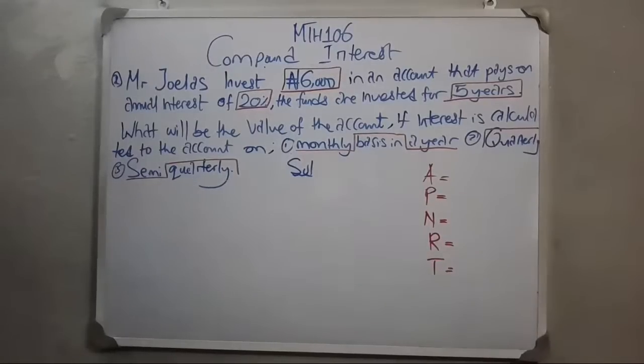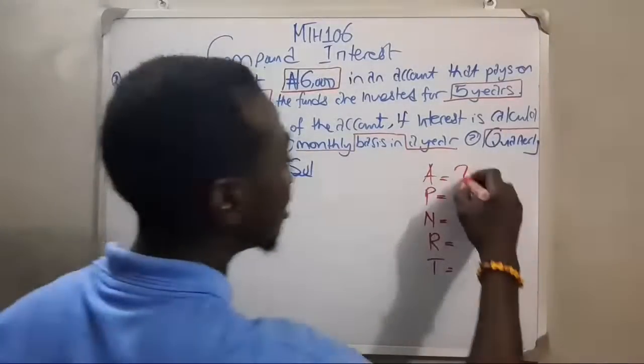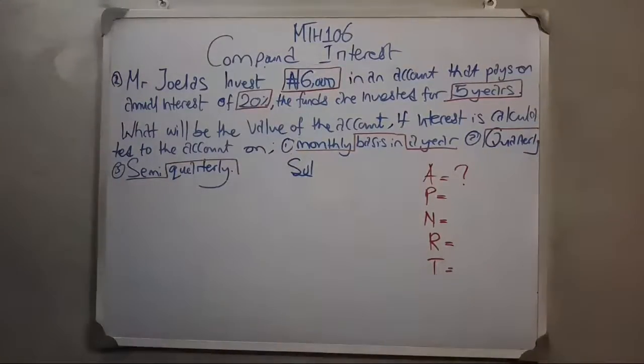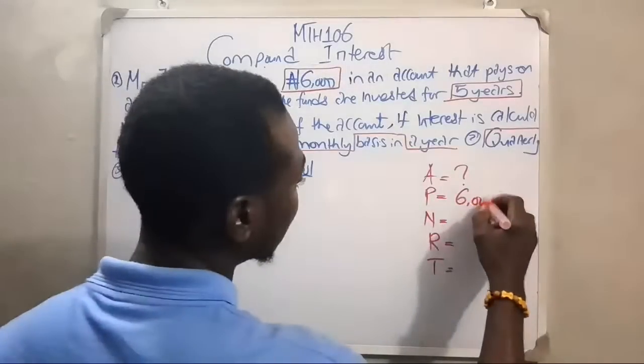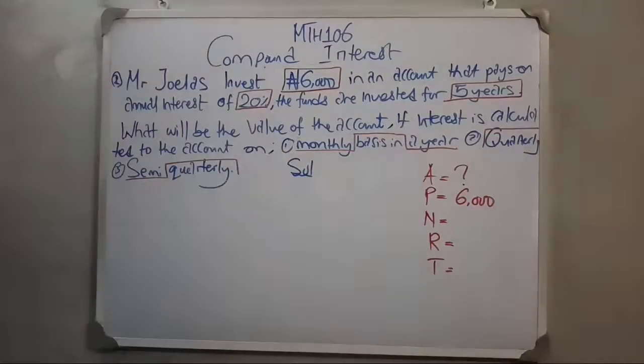I think we have everything except A. So A is what we're going to have. So we have P as 6,000 naira. We're solving for the first one. So what do we have as N?